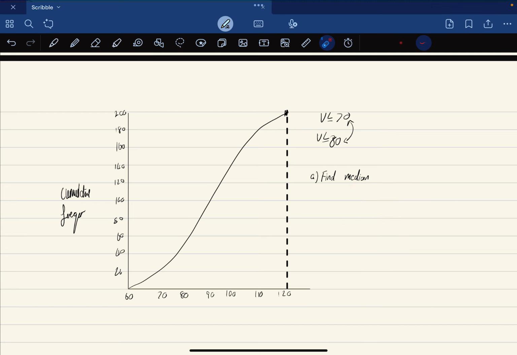But then all we need to do is come to the graph and find 100. So 100 in our cumulative frequency, move across, and we find what it is.